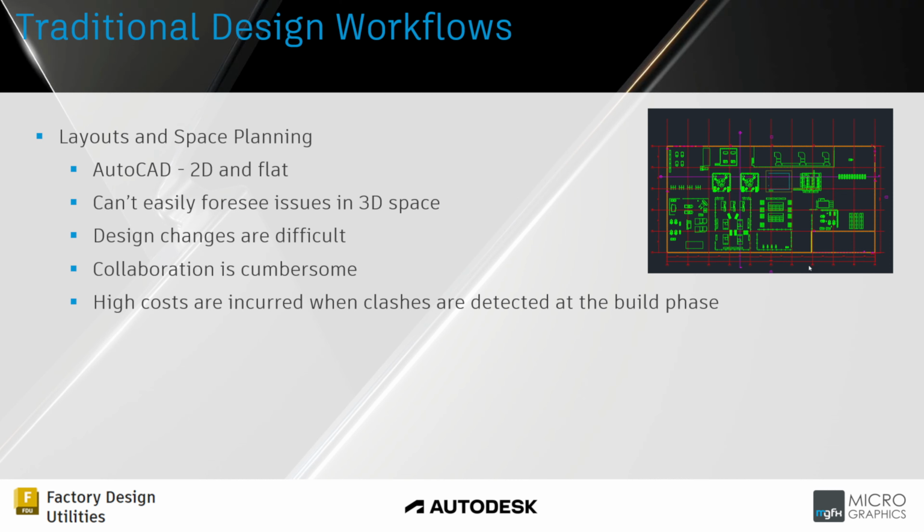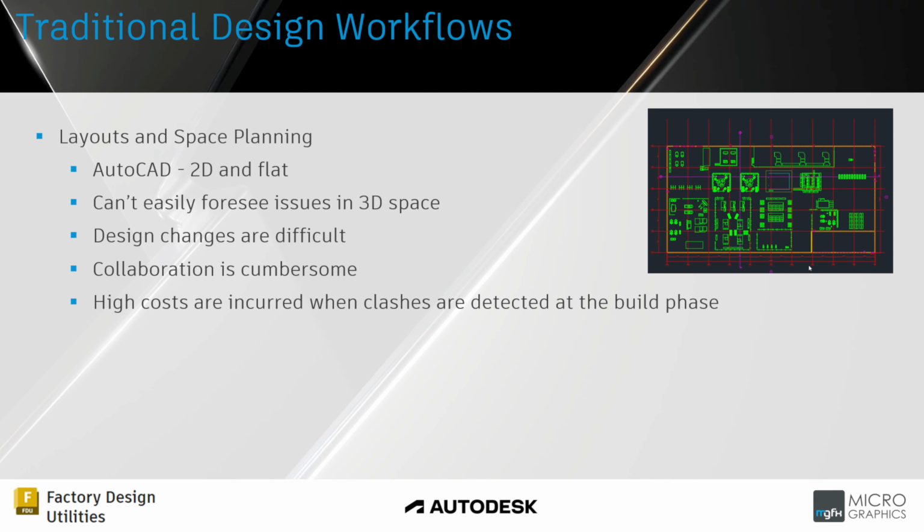Collaborating with other architects or structural engineers is another challenge, because maybe there's a structural beam that's coming in and your conveyor needs to ramp up, and it's now interfering with that. So now, how do you collaborate with that? If I'm working in 2D and maybe the architect or the structural engineer is working in 3D Revit, how do we easily see those design clashes or problems in a 2D and a 3D environment?